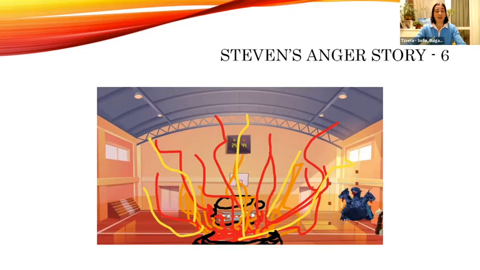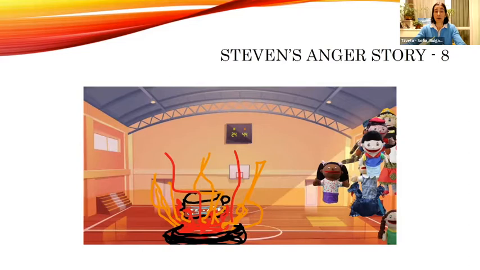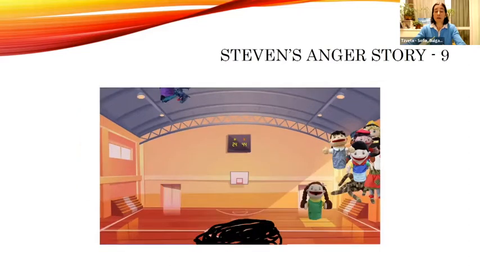Then the fire was uncontrollable. So the dragon had to ask for help other puppets who slowly put down the fire. And the only thing that remained was a dark, dark hole. It was a bottomless hole.